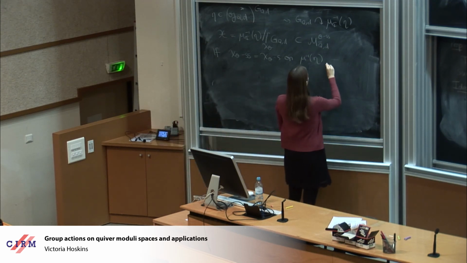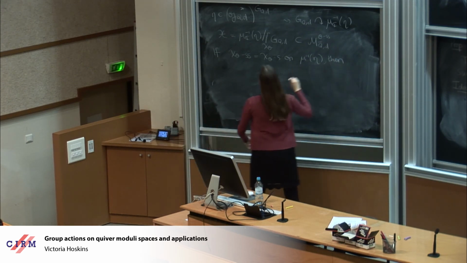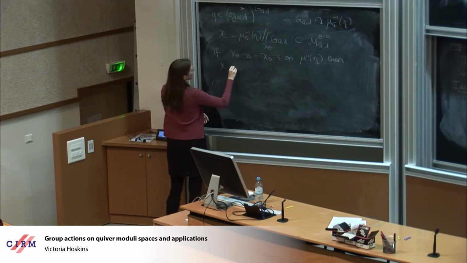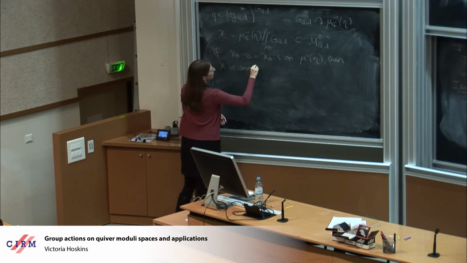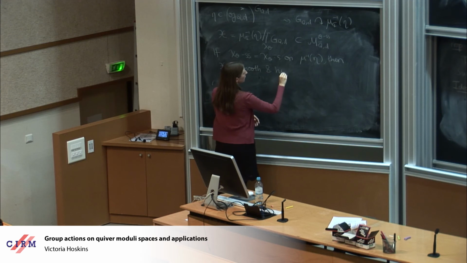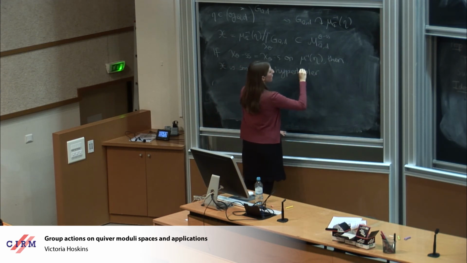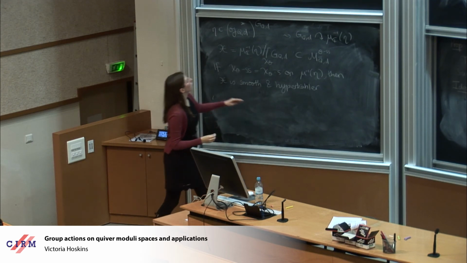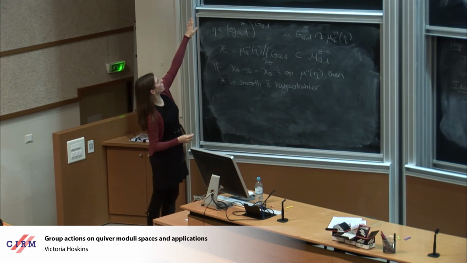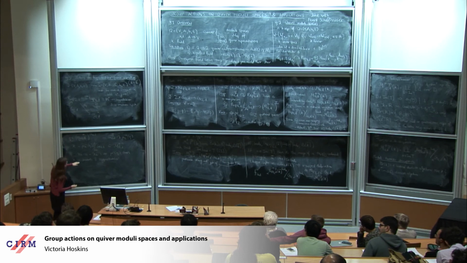Okay, so then X is smooth, and in fact Hyperkahler, where the Hyperkahler structure is coming from the Hyperkahler structure on rep Q̄,D. So I said that you could realize this as actually a Hyperkahler reduction for the maximal compact group in G_Q,D.